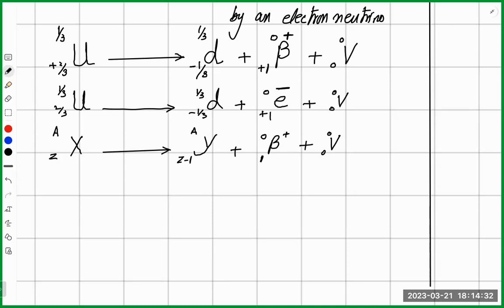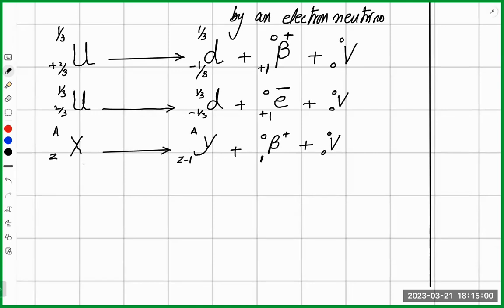As you can see, there is same A, but the proton number has decreased by 1 because one of the protons has been converted into a neutron. So there is one less proton. Now there is a beta particle, and so this is another way of writing the same thing. I'm still writing the same thing again and again. Okay.